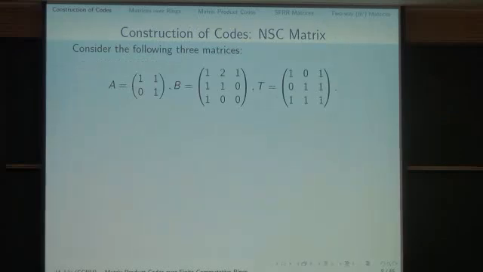Before we give some results, we want to show the three matrices which we gave before. The first matrix is related to Plotkin's construction, and this one is related to Turyn's construction. If we take the first row of the first two matrices and consider the 1 times 1 submatrices, we find they are non-singular.